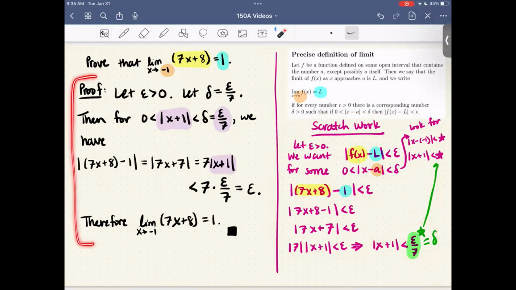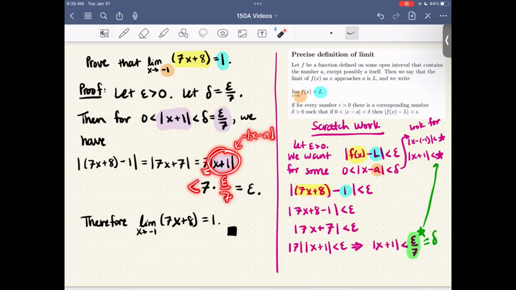Then when you write your proof, let epsilon be bigger than 0, start with your delta and x values that are between 0 and delta from your a, x minus a here. Then recreate that computation. And at this step is where you're using this fact. Whenever you get to the x minus a part here, you're going to replace that with less than delta. And you'll have a factor here, so that should stay with you.